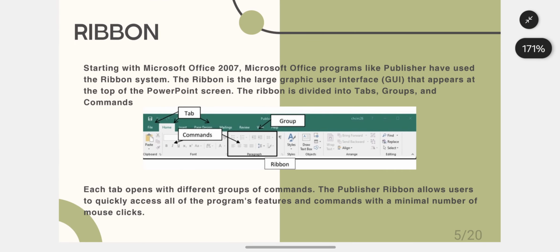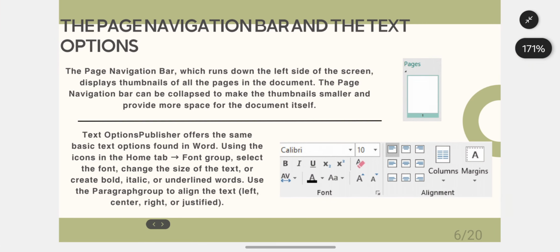Each tab opens with different groups of commands. The Publisher ribbon allows users to quickly access the program's features and commands with a minimal number of mouse clicks. It's super easy to use. Next, the page navigation bar.